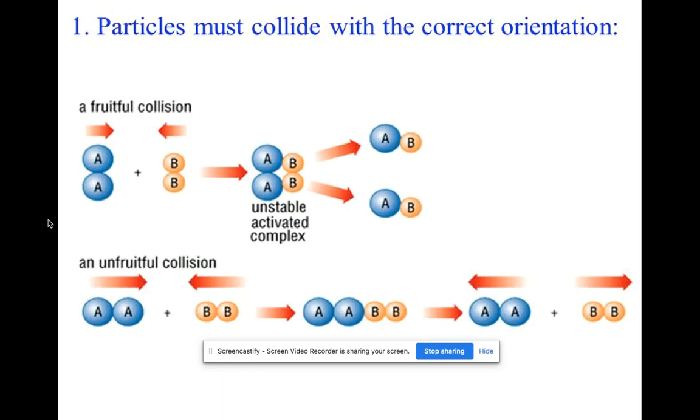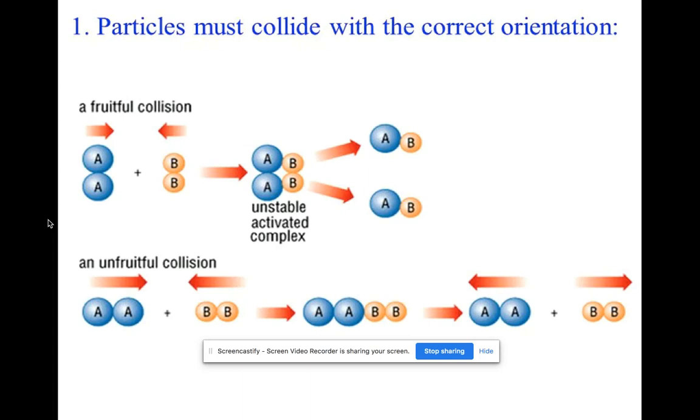Now, do you see the orientation? AA is where they're on top of each other, and BB is where they're on top of each other. So when they collide, A is going to be next to B. But now let's look at the second example.